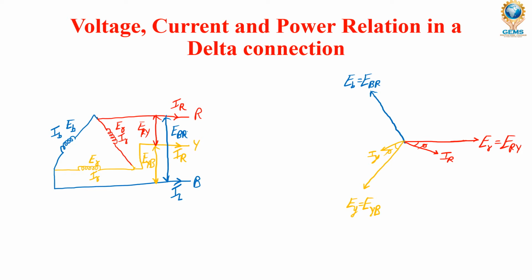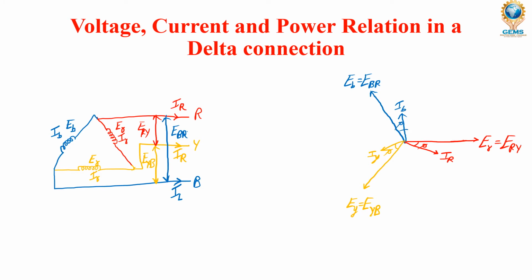Next the current at B, this is IB, angle phi.